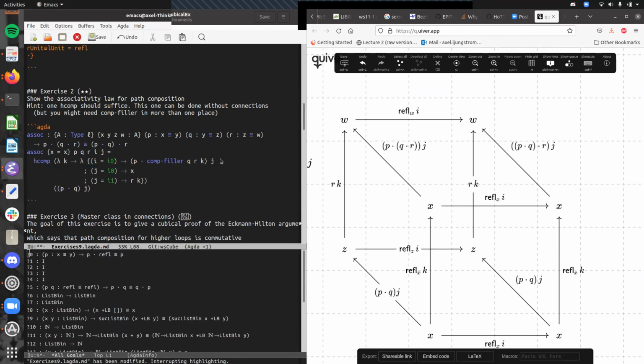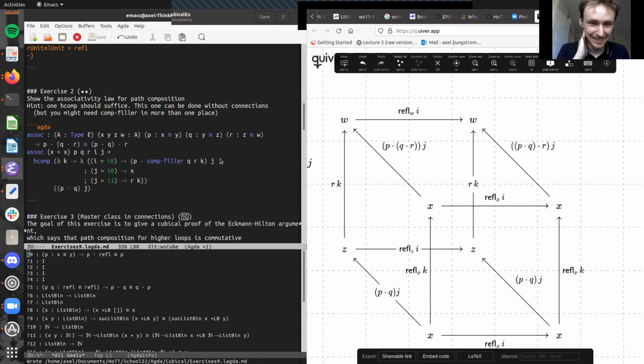That's what it does. How I would describe it is that, if we look at, for example, the case when I is equal to 1, then the H comp we have right now will reduce by removing the I equals I0 case, because when I is 1, then the I equals I0 case can't happen.